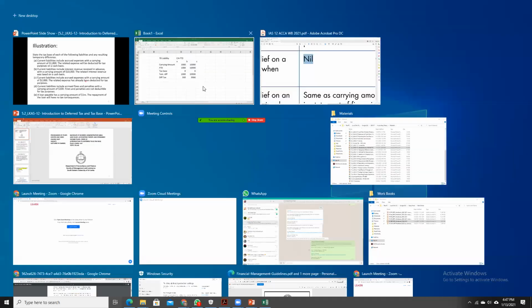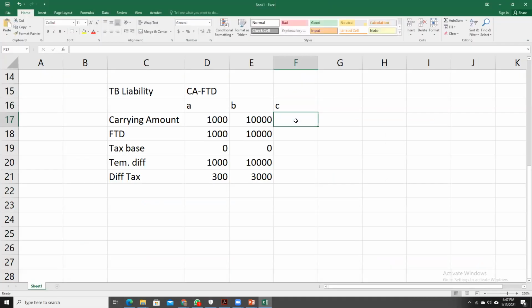Then we move to the formula. How much carrying amount? 2,000. In future, are there any deductions for these expenses? Please answer this question. Are there any future deductions?